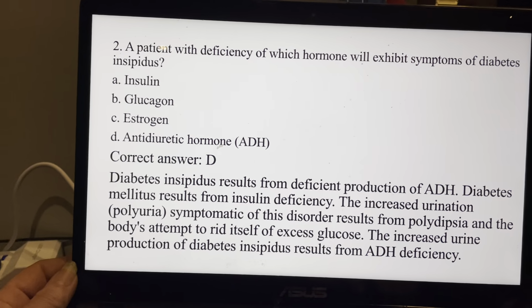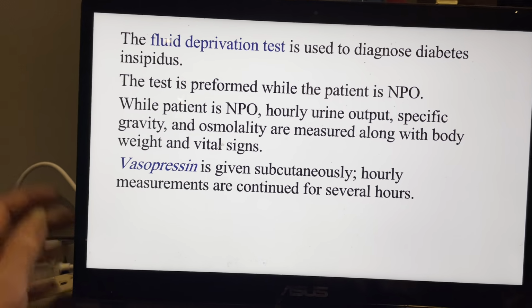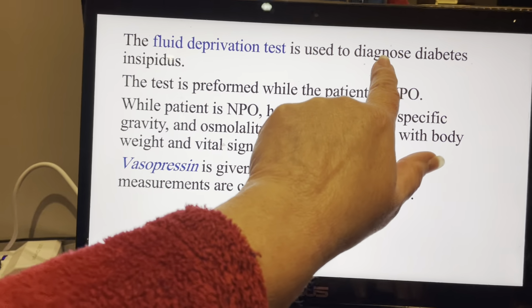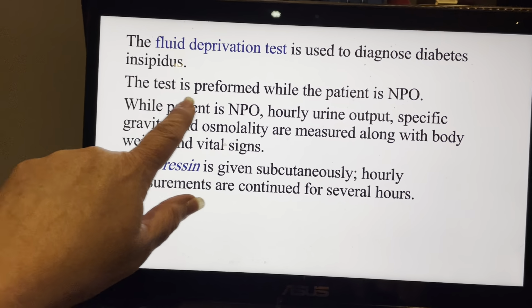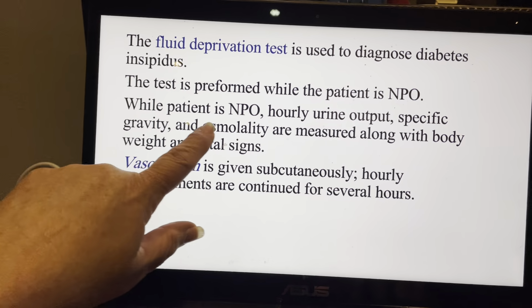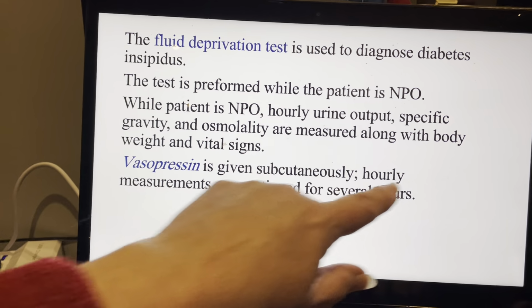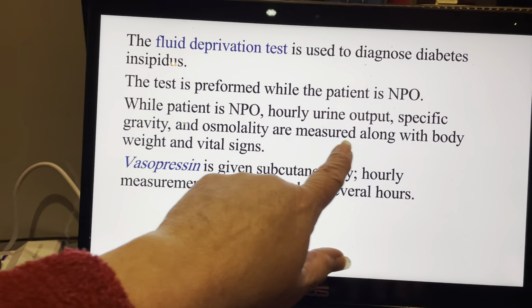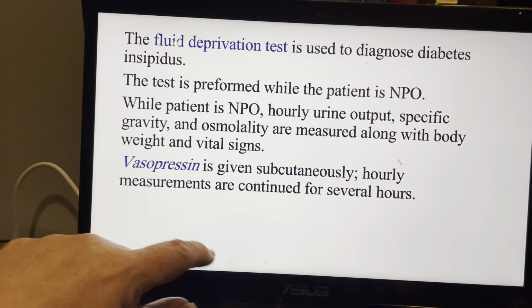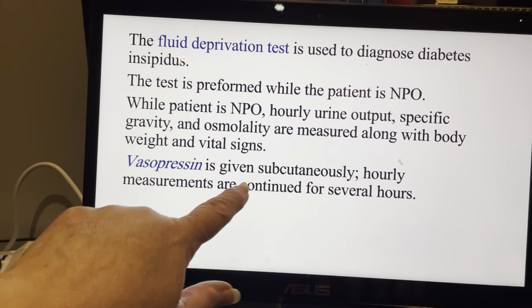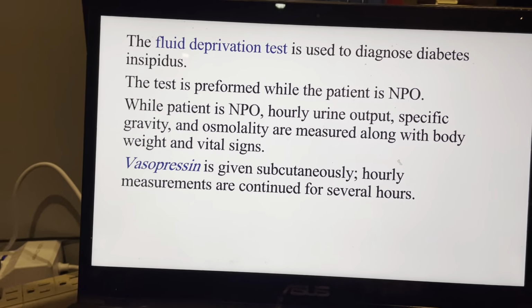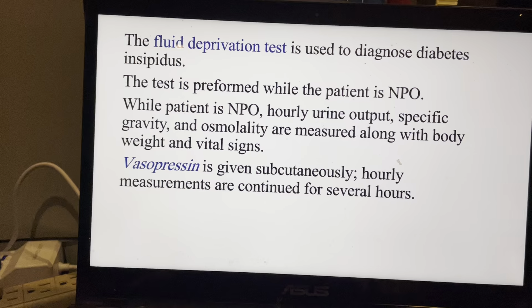A fluid deprivation test is used to diagnose diabetes insipidus. The test is performed while the patient's NPO. Hourly urine output, specific gravity and osmolality are measured, along with body weight and vital signs. Vasopressin is given subcutaneously. Hourly measurements continue for several hours.